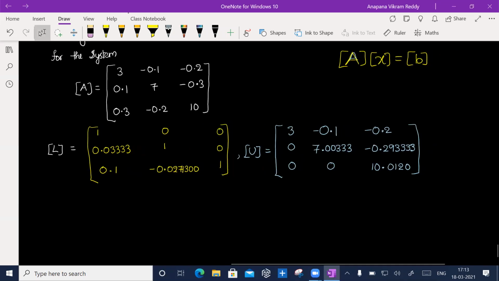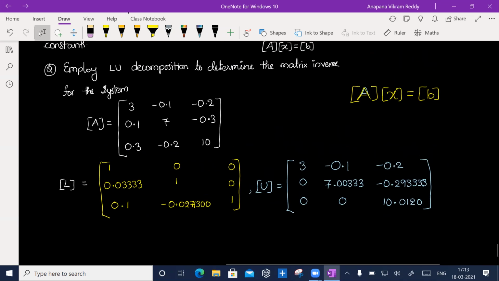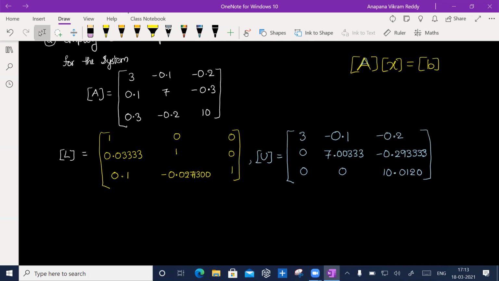That's what I want to find. So for that, I'm using the LU decomposition technique. I can write this as LUx equal to B.